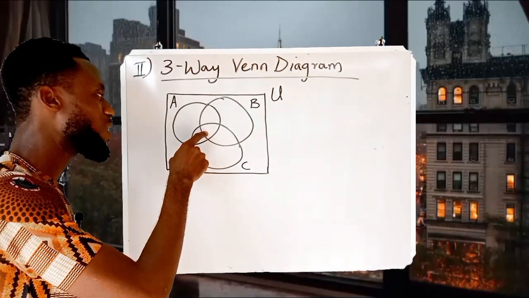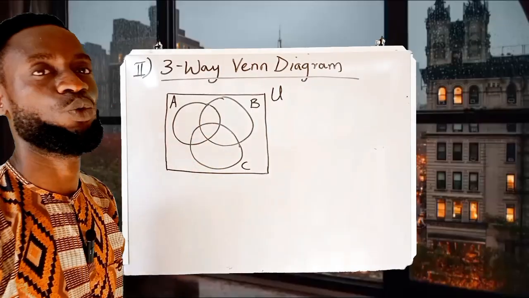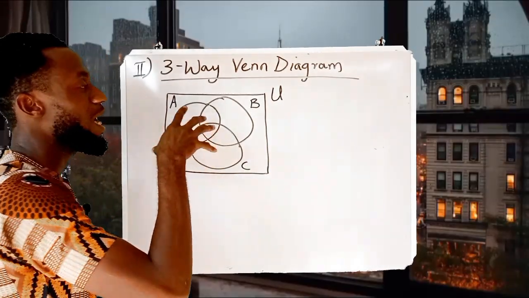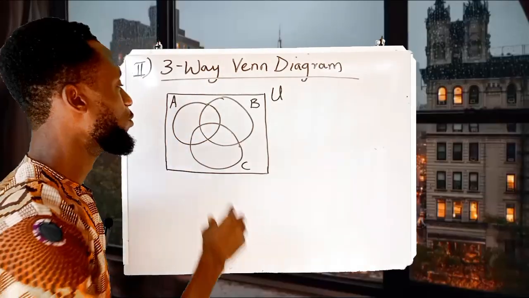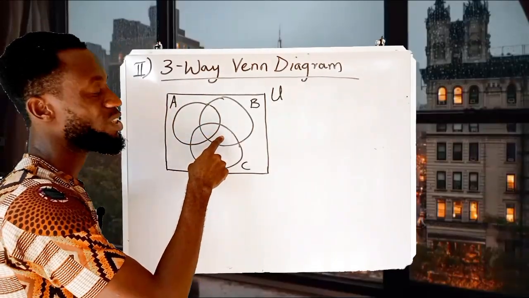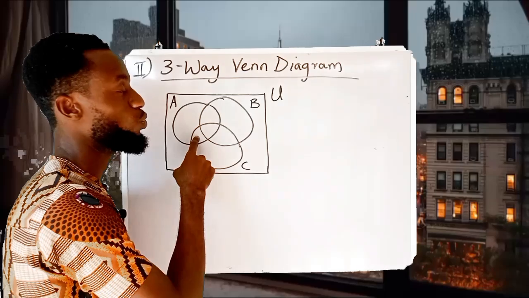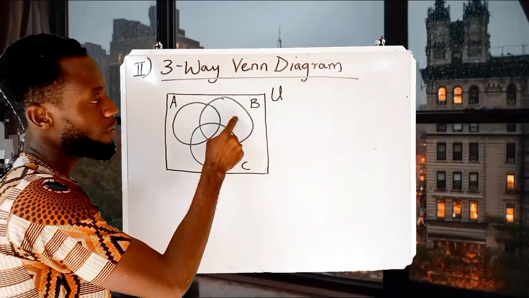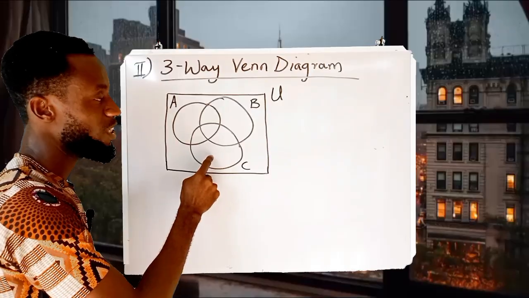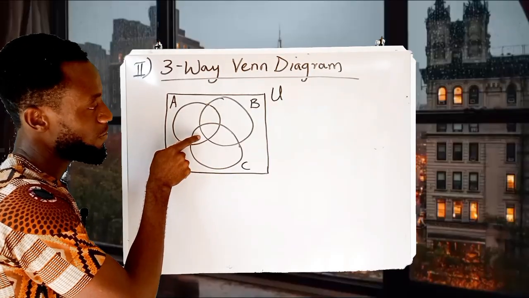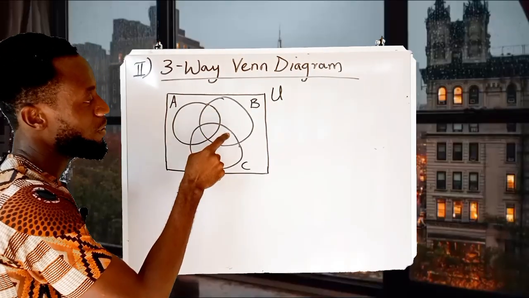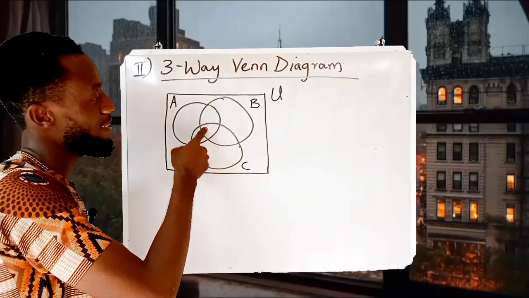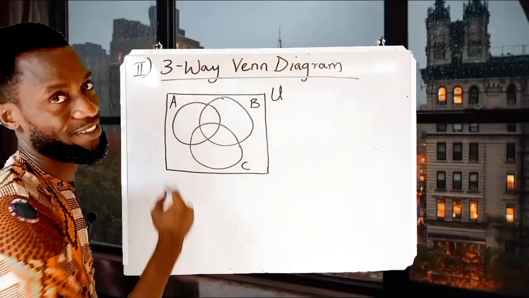You must first look out for the intersection of all three in the question, after which you spread outwards, filling in the intersection of two only. This should not be confused. This region is A only, this is B only, this is C only, this is A intersect C only, A intersect B only, B intersect C only, and here is A intersect B intersect C.